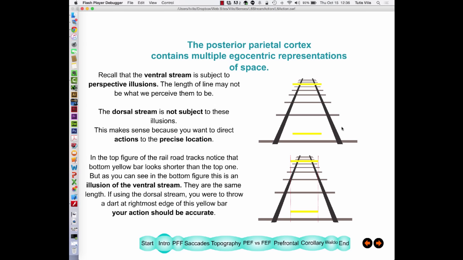The What stream has to have a very accurate representation of what the length of lines are. So if you're going to throw a dart to here, you can't be misguided by what the What stream is telling you it is. So the Where stream has its own independent guiding of movements, and it is accurate. It's not distorted by the perspective illusion.